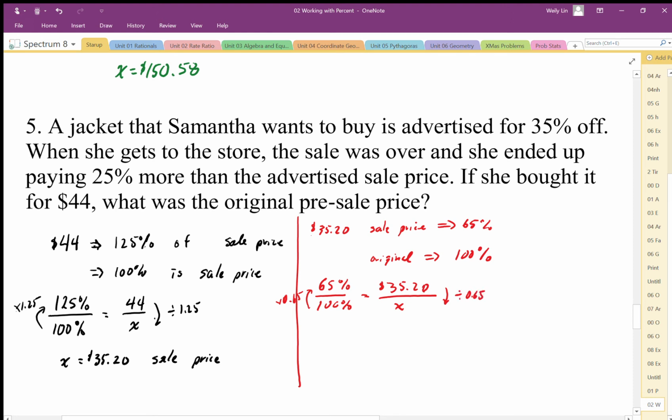So I end up with 35.2 divided by 65%. So my original price is going to be $54.15. So there's my answer.